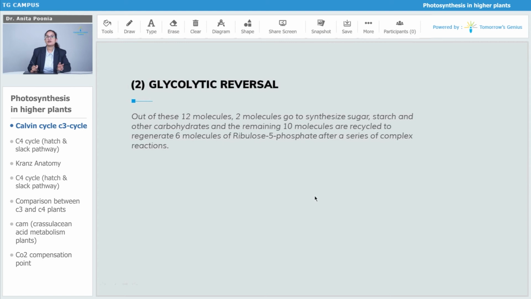Now here in glycolytic reversal, out of the 12 molecules, 2 molecules go to synthesize sugar, starch and other carbohydrates, and the remaining 10 molecules are recycled to regenerate the 6 molecules of ribulose 5-phosphate after a series of complex reactions.